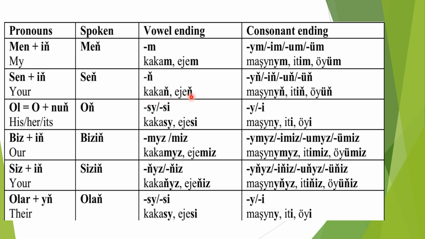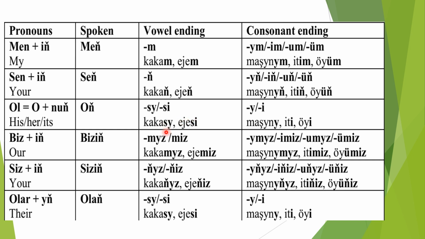Seniň has the suffix ň: kakaň, ejeň. Onuň, sy, se: kakasy, ejesi. If you notice, here we have two suffixes, sy and si. Sy we add after the back vowels, and si we add after the front vowels. Eje has front vowels, that's why we added si. A is a back vowel, so we added sy.